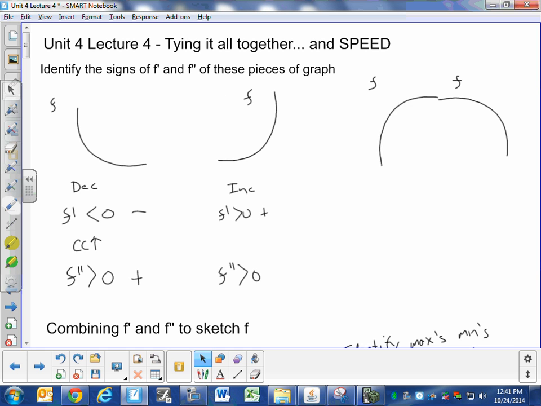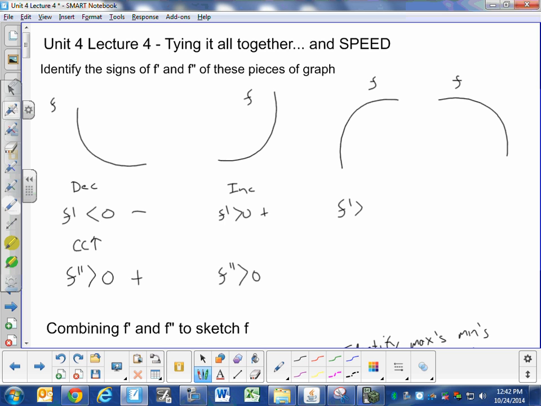Here, this would be like the graph of negative x squared. We'd have a piece that is increasing concave down. So f prime is positive, but f double prime would be negative because we're concave down. And then this piece would be decreasing concave down.